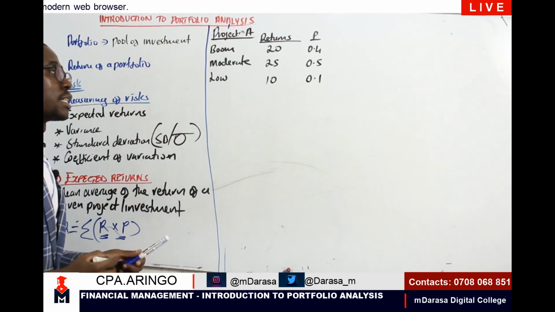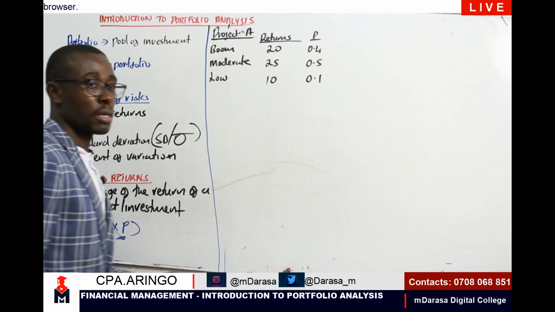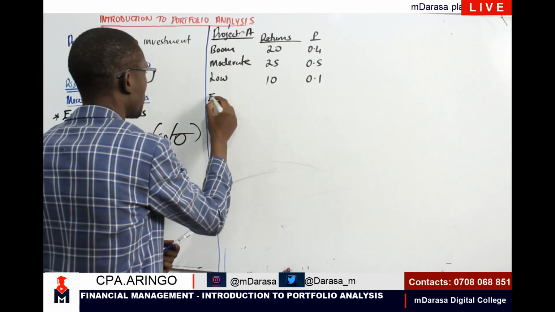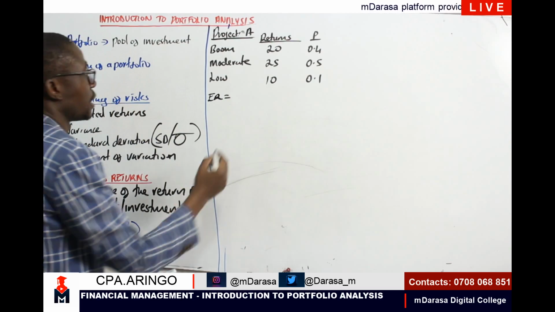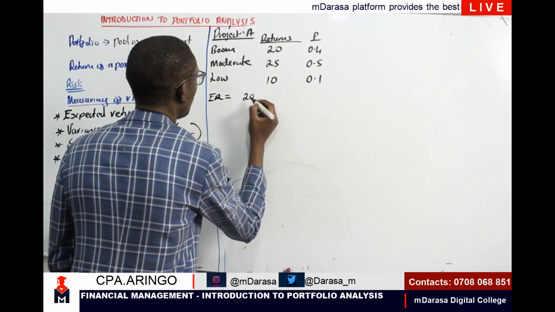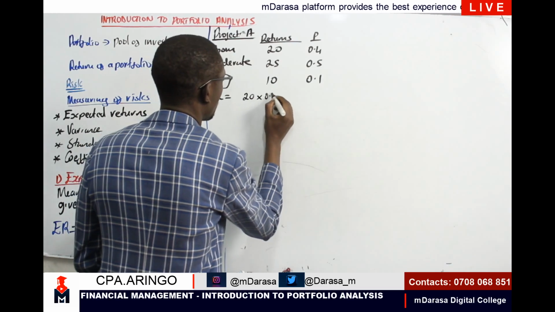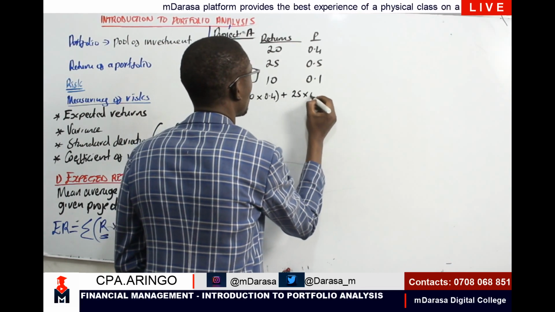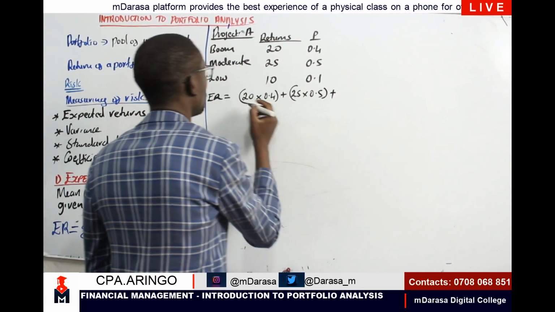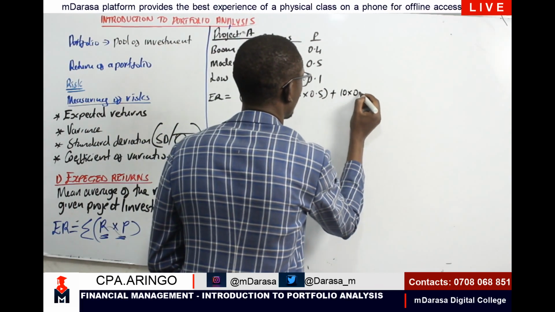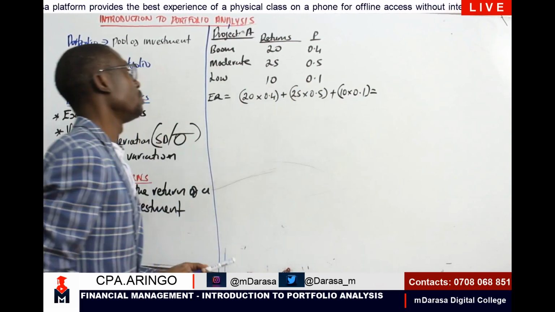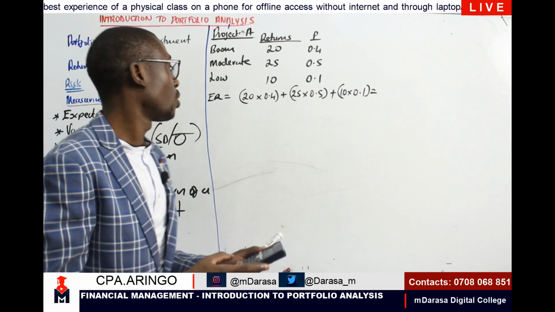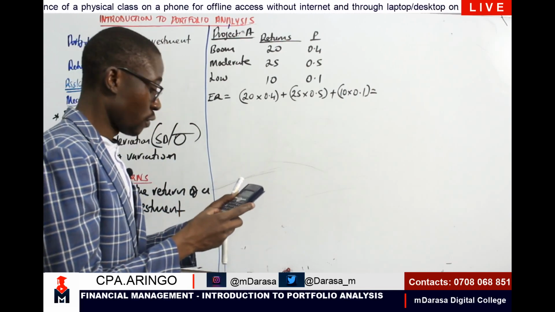So how will we determine our expected return? It will be very easy because we want to take the summation. I take the return at the state of boom, 20, and multiply by the probability of that state, 0.4.